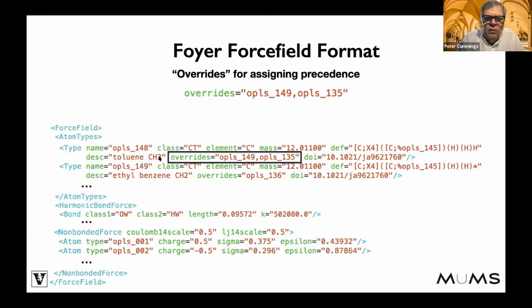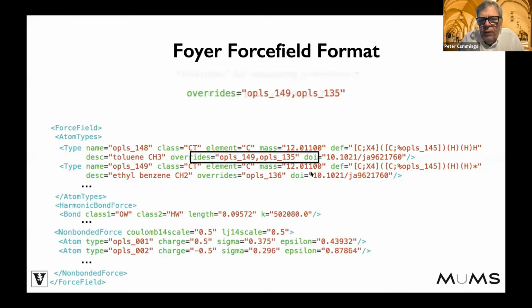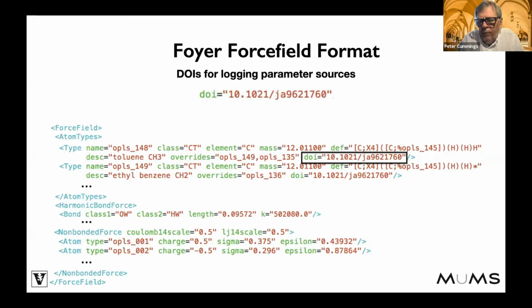This is the toluene CH3 one, its name is OPLS 148, and it overrides OPLS 149 and OPLS 135. There's a DOI embedded in the XML that tells you the source publication for the force field parameters. You can see the parameters down the bottom here.